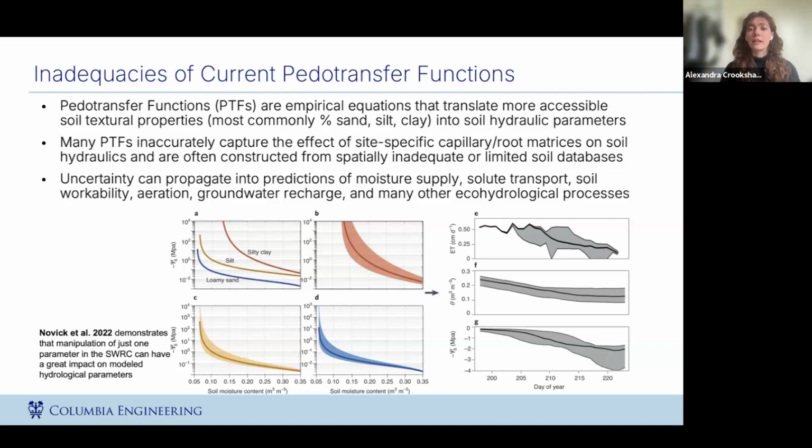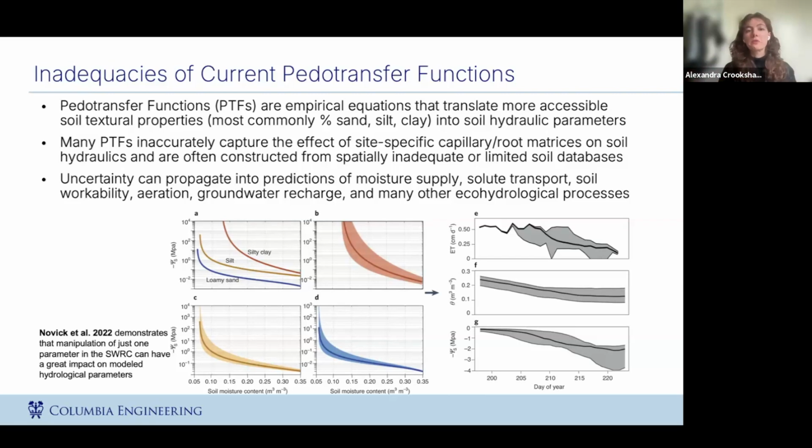For one, many cannot truly capture site-specific influences of capillary and root matrices on that soil hydraulic. Many are constructed from, let's say, limited databases that do not include bulk density or organic matter, which are so important to that relationship. Or many pedotransfer functions are constructed from spatially inadequate databases.